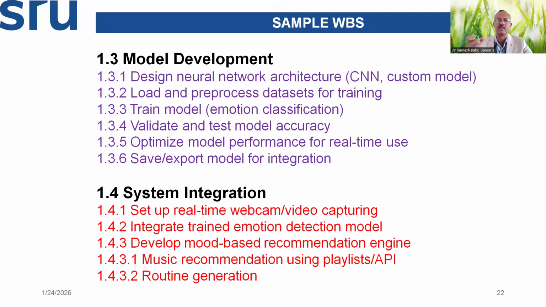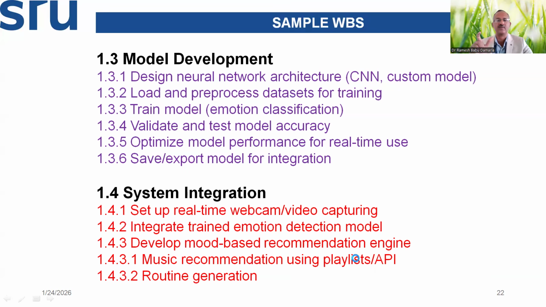You can see each task is associated with an active verb, and each child component has got a numbering. Here we go up to level 3. Similarly, 1.4 is another assembly or chunk of the main project. Under that, system integration is done: set up the real-time webcam video capturing, integrate trained emotion detection, develop mood-based music recommendations.